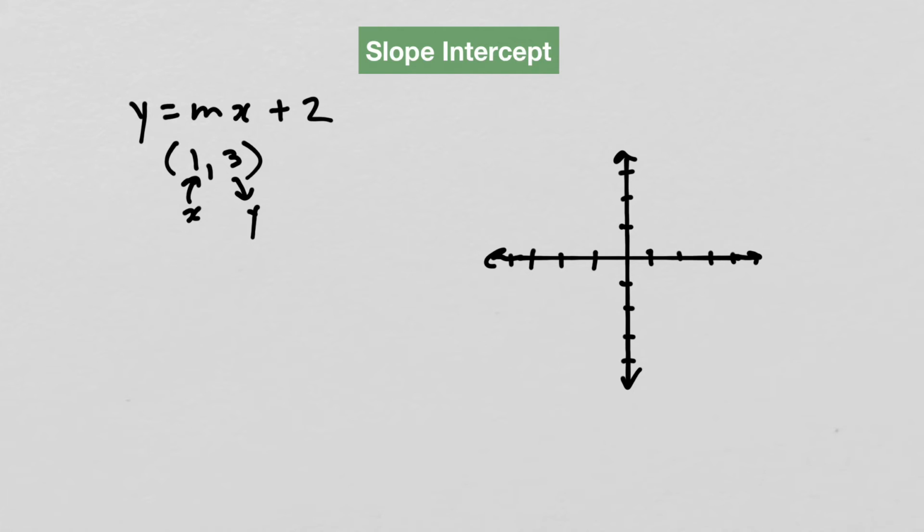If we were to rewrite the equation, we get 3 is equal to m times 1 plus 2. Now we can solve for m to figure out what the slope is. So what we're going to do is subtract both sides by 2, and we get 1 is equal to m.